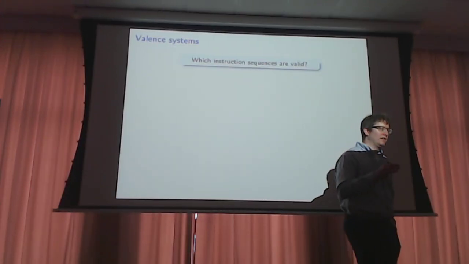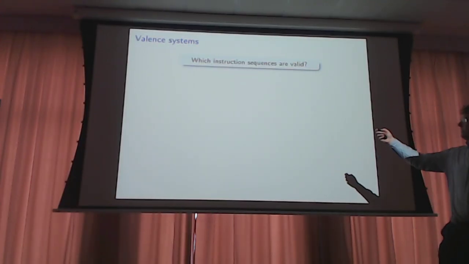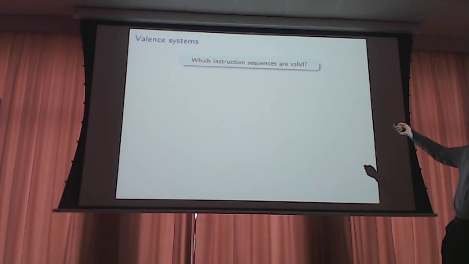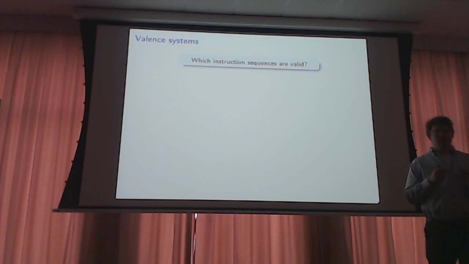So the idea is to take a set of instructions that can come in as positive and negative instructions, and to look at which instruction sequences are valid. In all these cases, we always want the set of instruction sequences that lead from the empty configuration to the empty configuration.